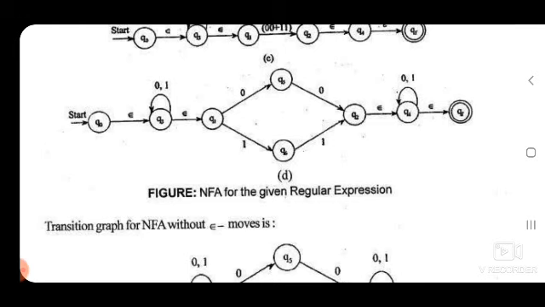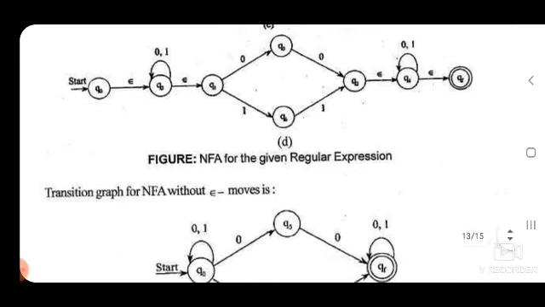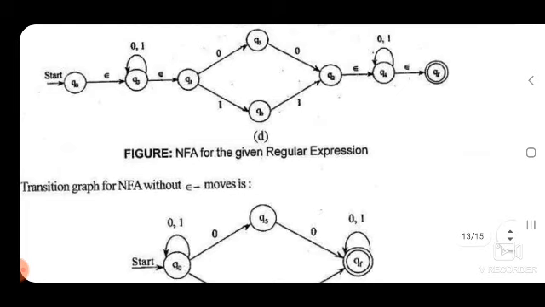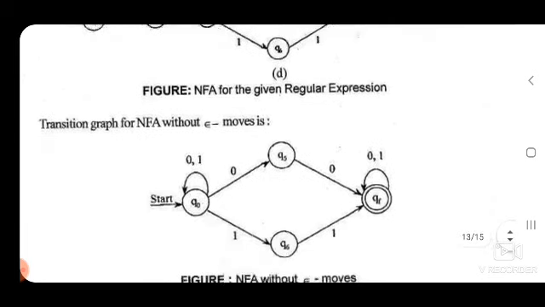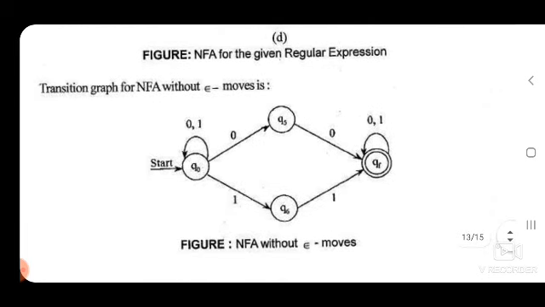There we have studied null closure. So by using the concept of null closure, we can remove null from any NFA. So by removing null from this figure, we can get this figure.